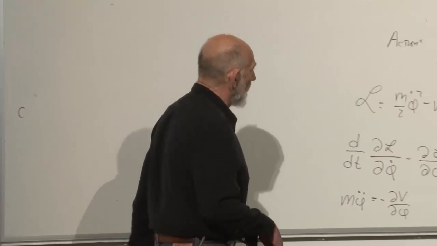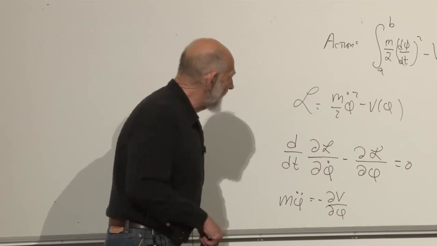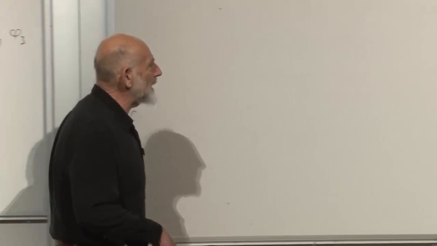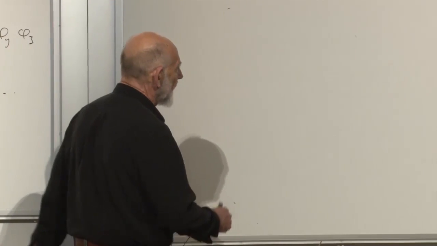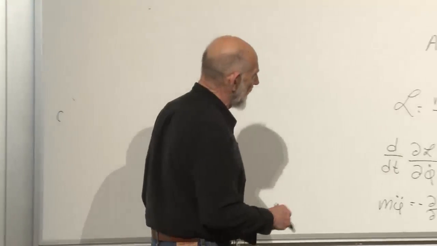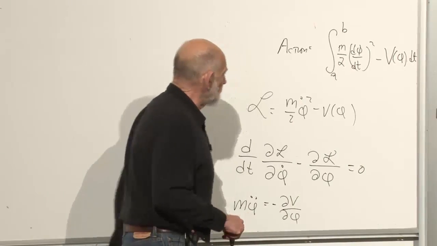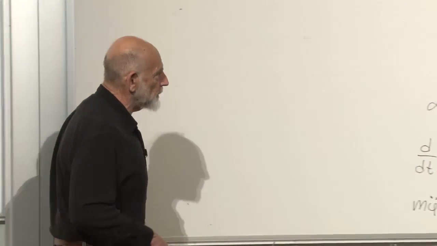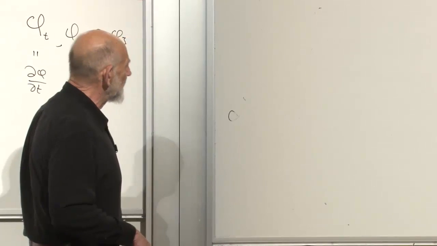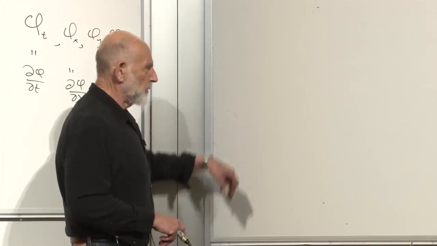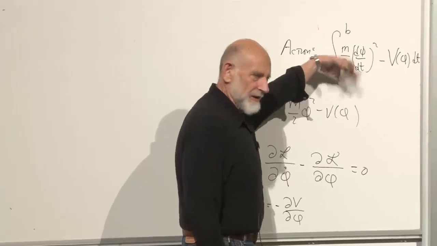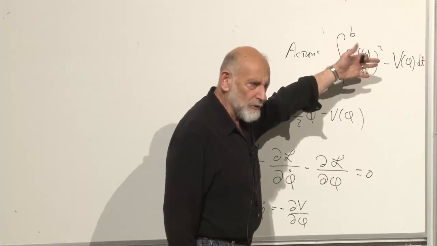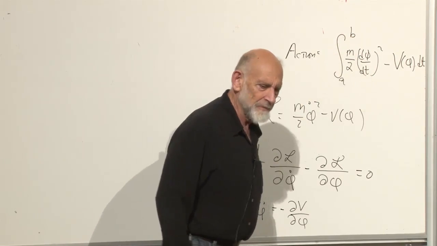Okay, here we go. We're just going to take this thing over here and generalize it a little bit. Instead of just saying that the Lagrangian has an m over 2 times phi dot squared. m is just a number, incidentally. Don't think of m as anybody's mass in here. Just think of it as a number that you could put into a Lagrangian.